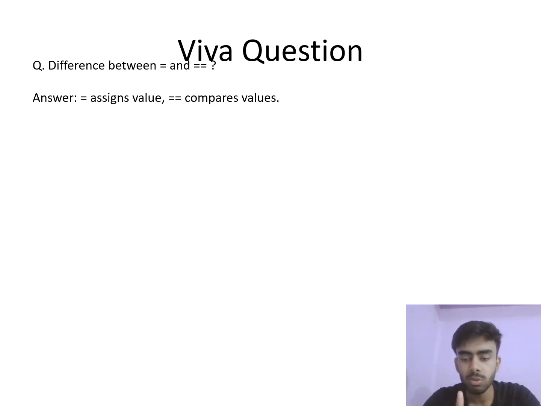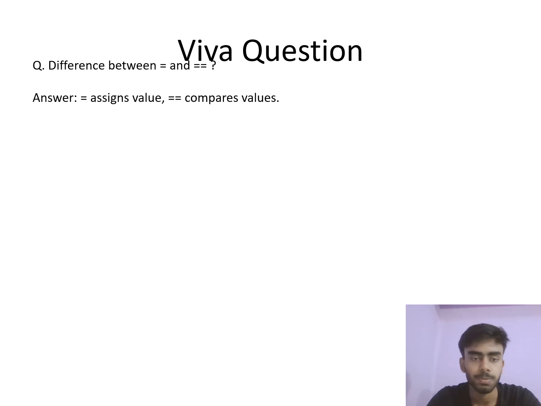So equal to is used in Python or C and C++ for assigning values, and double equal to we use for comparing two values, like A equal to B. That means if A's value is equal to B's value, for this we use double equal to compare whether both are equal or not.